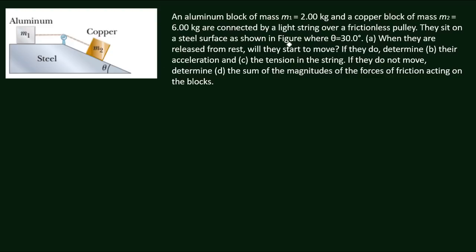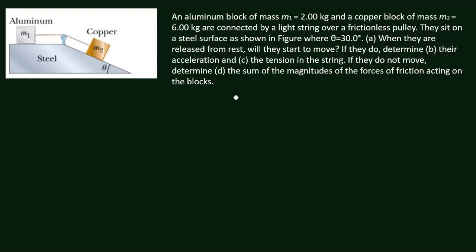They sit on a steel surface as shown with an angle of 30 degrees. When they are released from rest, will they start to move? If they do, determine their acceleration and the tension in the string. If they do not move, determine the sum of the magnitudes of the forces of friction acting on the blocks.